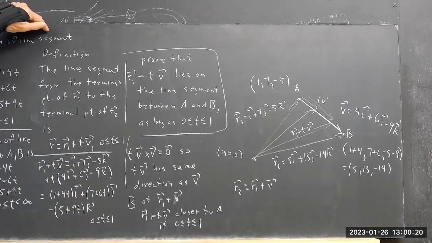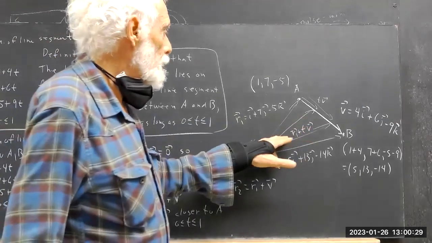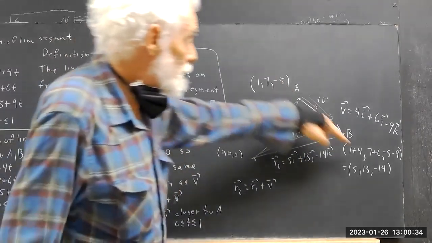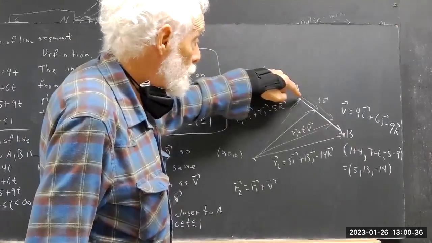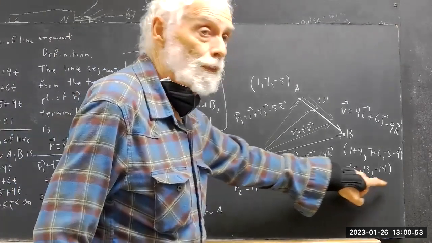So the equation of our line segment, another way of writing it, is that the x coordinate is going to be 1 plus 4t, because that's the terminal point of R1 plus tV. And it just keeps tracing out points on this line, with x coordinate 1 plus 4t, y coordinate 7 plus 6t, z coordinate 5 plus 9t. And double check, if t equals 1, we get 5, 13, negative 14. There it is.